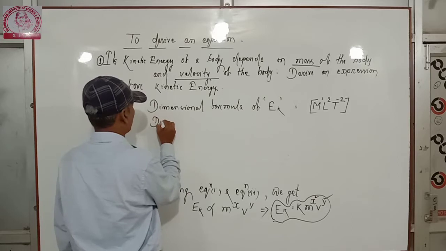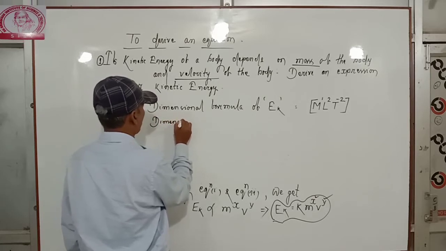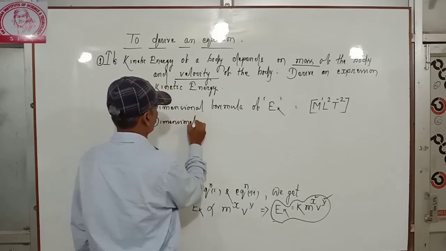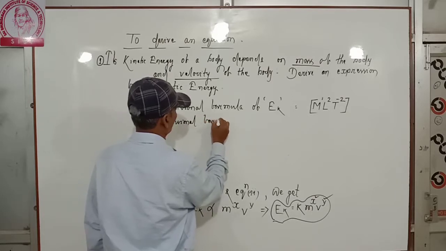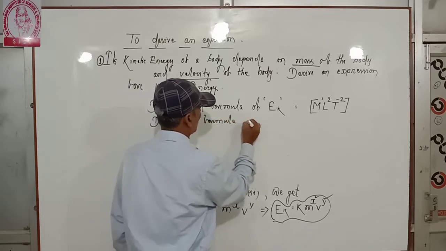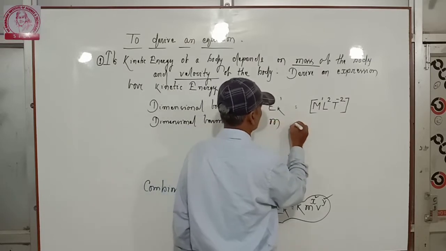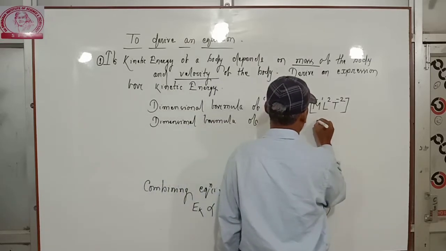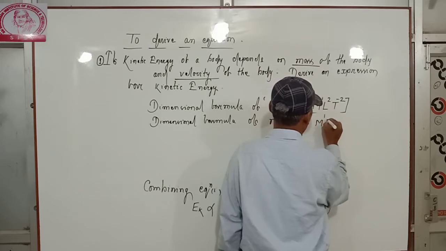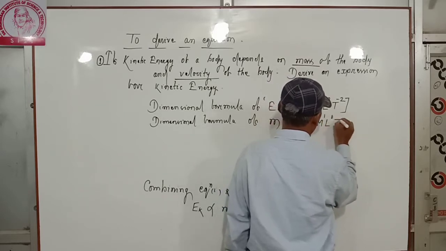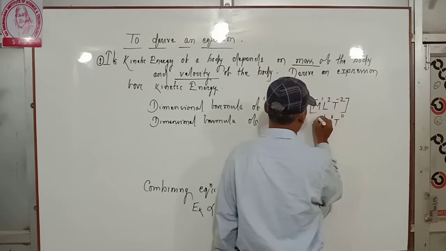Dimensional formula of m, simply m, is equal to M to the power 1 L to the power 0 T to the power 0.